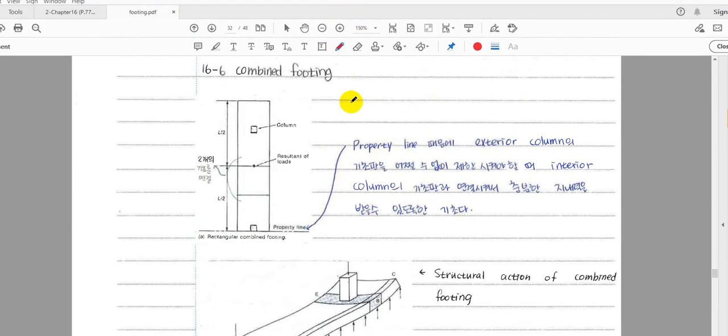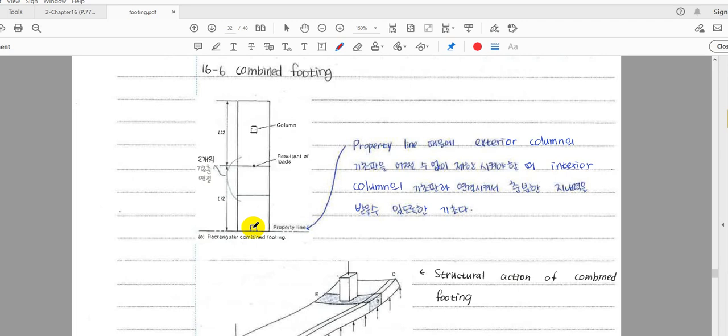Okay, now we can take a look at the combined footing as explained earlier. This combined footing is prepared when you have a property line out there. You cannot proceed further because of the property line, and you may have some problems designing for loading coming through the columns near the property lines, right?